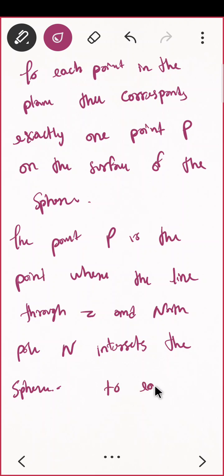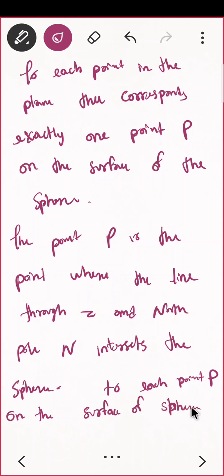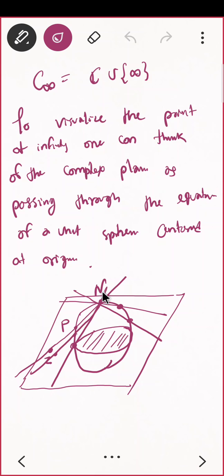To each point P on the surface of the sphere other than the north pole, you'll see that if I map the north pole, then it will never cut the complex plane, because I need to form a straight line from the north pole to a point P. Suppose I'm taking P as my north pole only, so I won't be able to get a map.